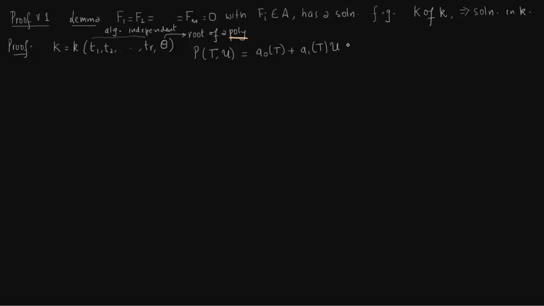So you have a polynomial of degree n. The coefficients a0(T), a1(T), a2(T) are all nothing but polynomials in T here.